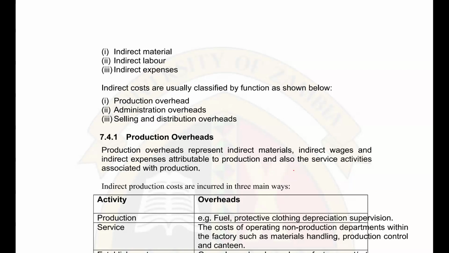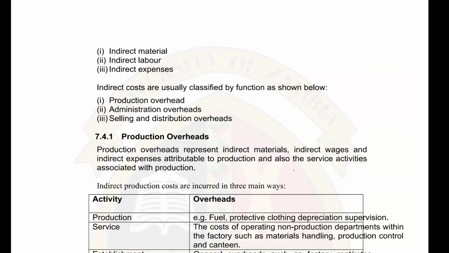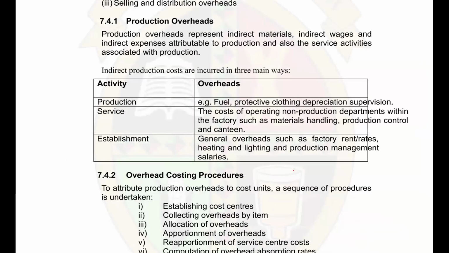So that's the classification we give for indirect costs: production overheads, administration overheads, and selling and distribution overheads. A bit about the production overheads: for example, fuel.